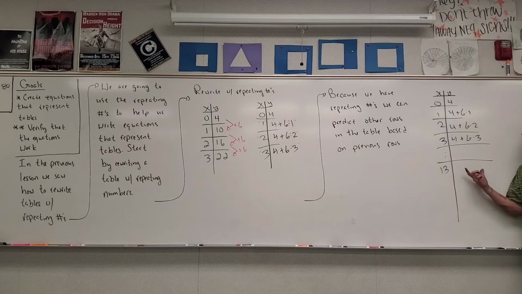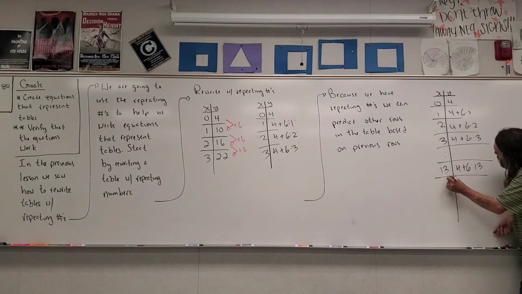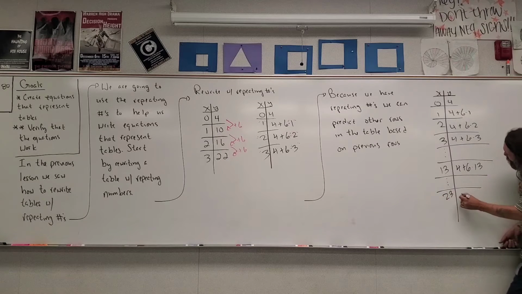Actually, this is row 14. I can apply it to this row. And we will get 4 plus 6 times 13. If I wanted to apply this pattern to, let's say, the 24th row, I keep making that mistake. I would have 4 plus 6 times 23.